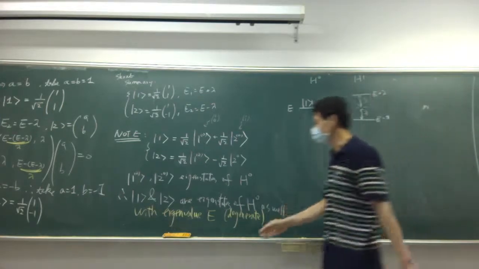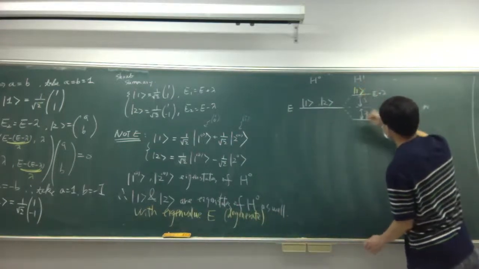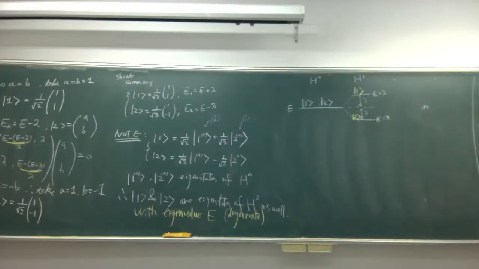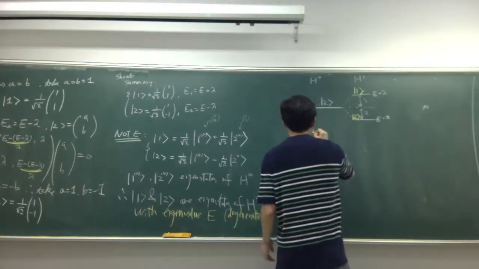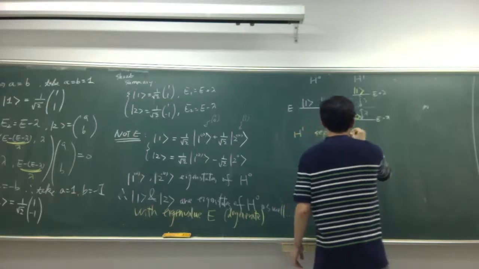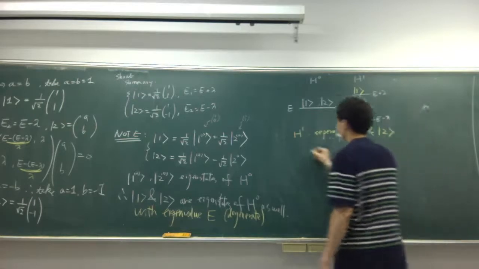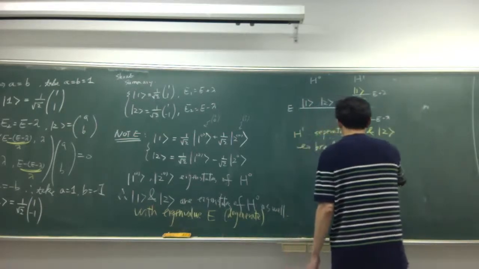Therefore, after the perturbation is applied, |1> goes to here, and |2> goes to here. So |1> and |2> are separated. So H1 separates |1> and |2>. Right. Good.